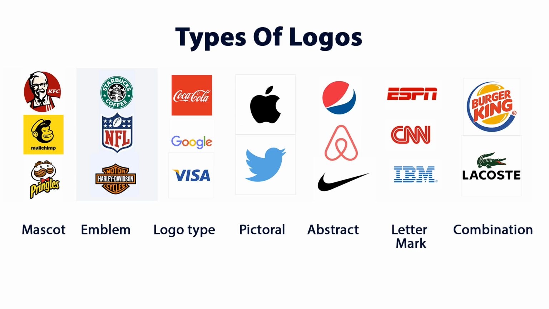So these are the types of logo that we have. So when considering a logo for your company, put into perspective what your brand values are, and also the image that you want to create in your customer's mind before you create them.